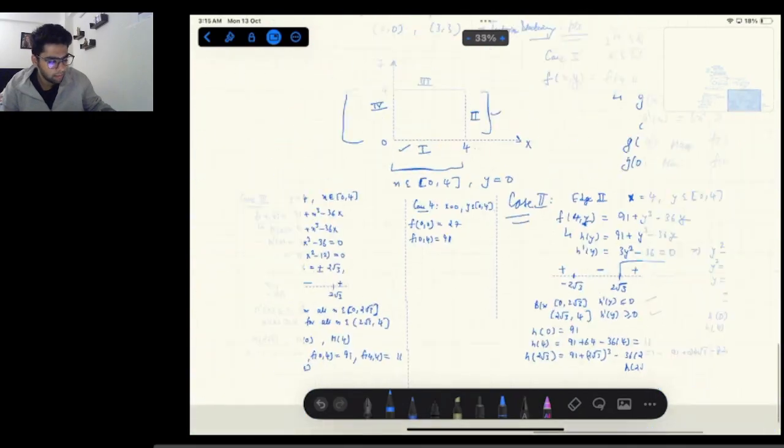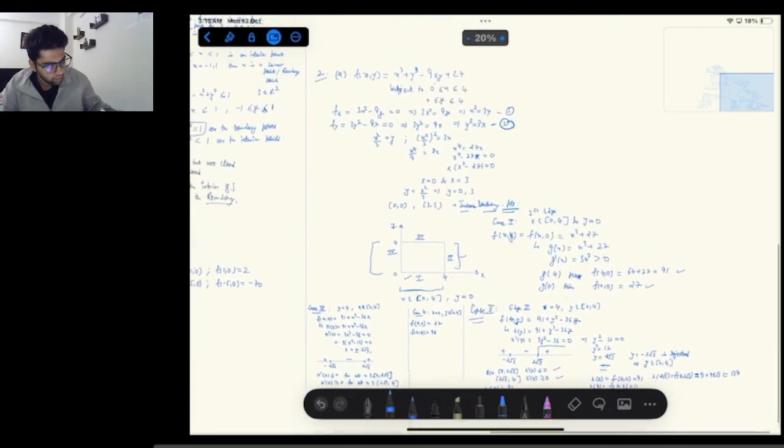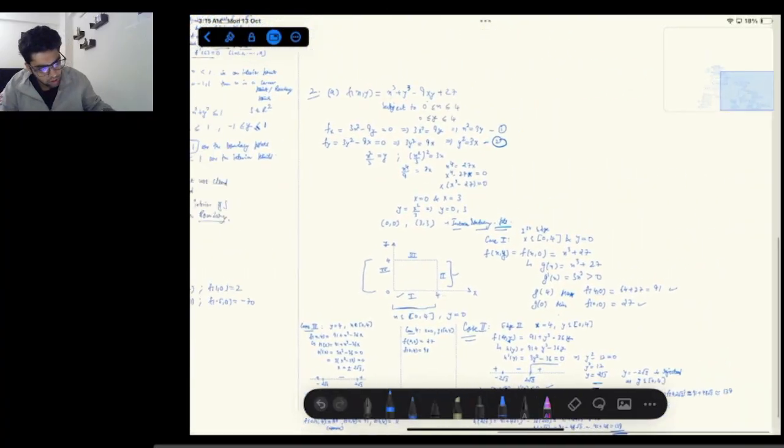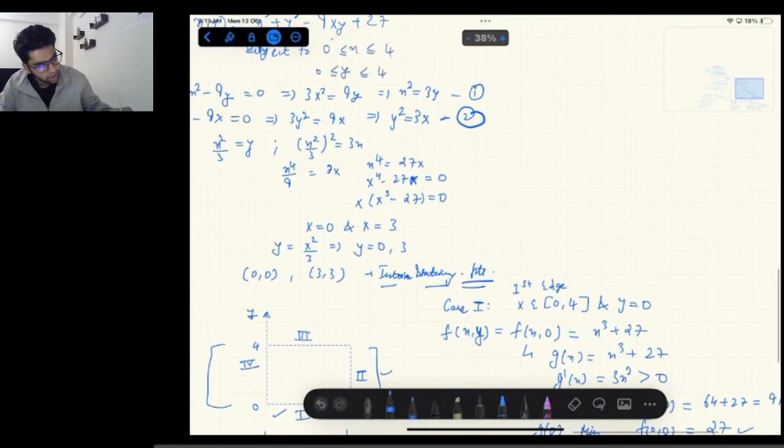Now comparing them, now in the end when I have to find my answer, the max or minimum values, my stationary points were 0 comma 0 and 3 comma 3.